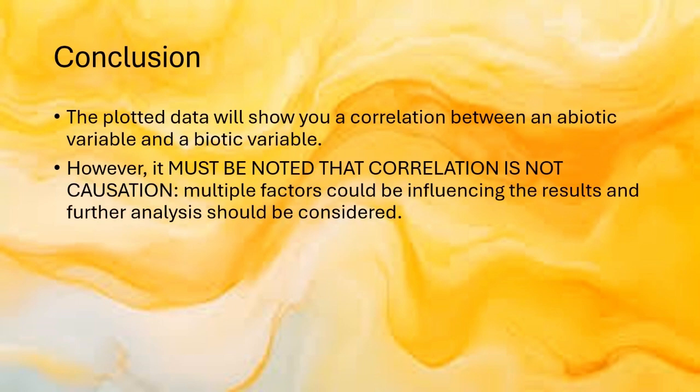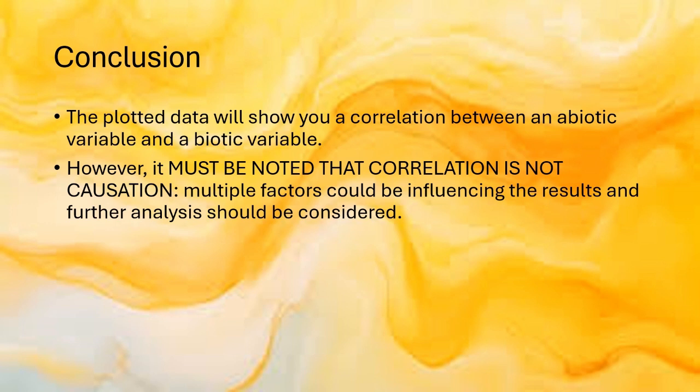So, final conclusion: the plotted data will show you a correlation between an abiotic variable and a biotic variable. For example, you can expect in our example that with an increase in light intensity, there's an increase in the number of plant species that you can record from your quadrat, or the other way around. A decrease in light intensity means that you have fewer plant species recorded by a quadrat.